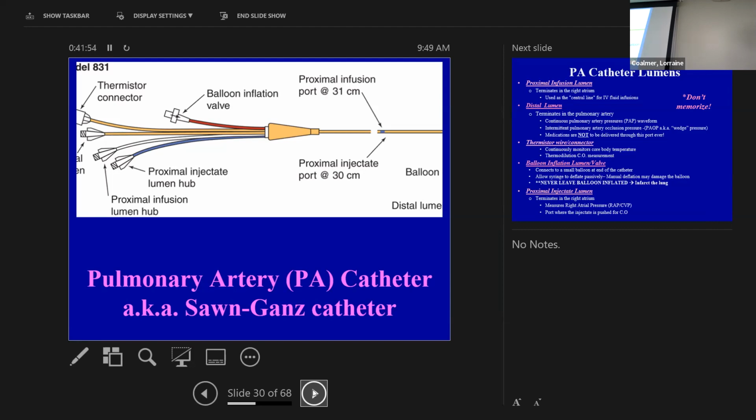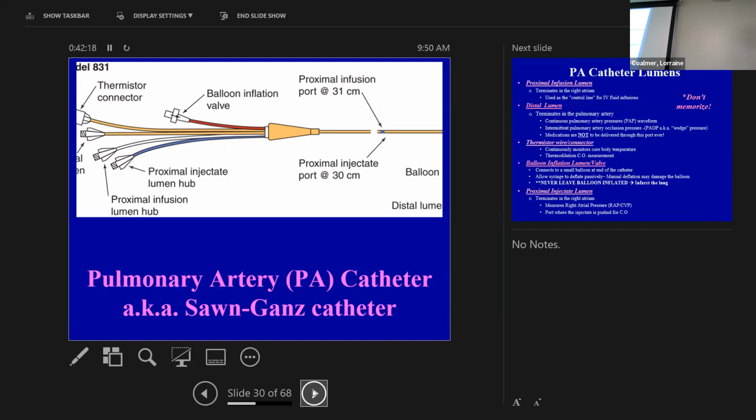Do you see why we don't want to put this in the heart? Here it goes: IJ, subclavian or femoral, and it goes down and floats in my pulmonary artery. It just hangs out there.